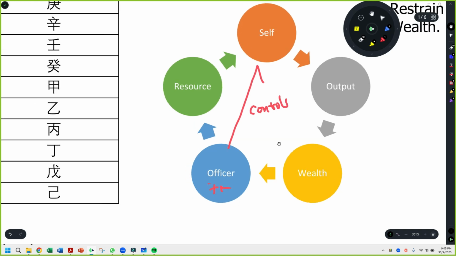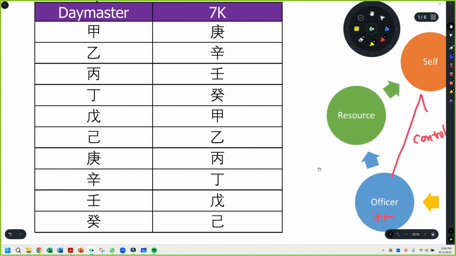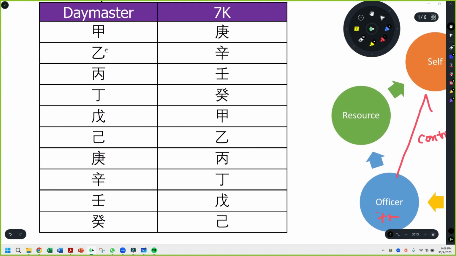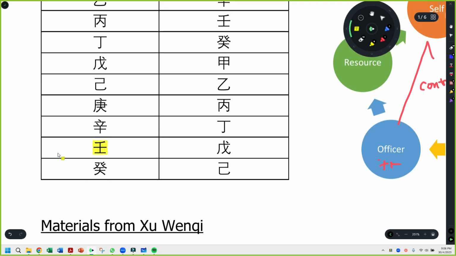Now the element that controls you, we will find that sometimes, more often than not, it is considered to be a necessity, especially for the yang elements. Now, yang elements, for example, Ren Water. The Ren Water is like a body of ocean, a body of water.